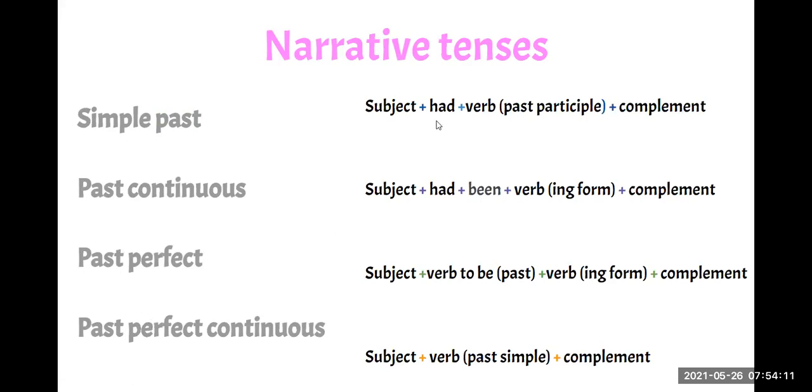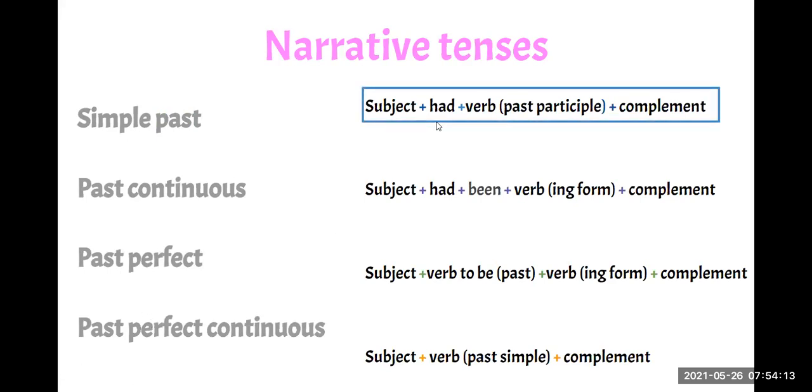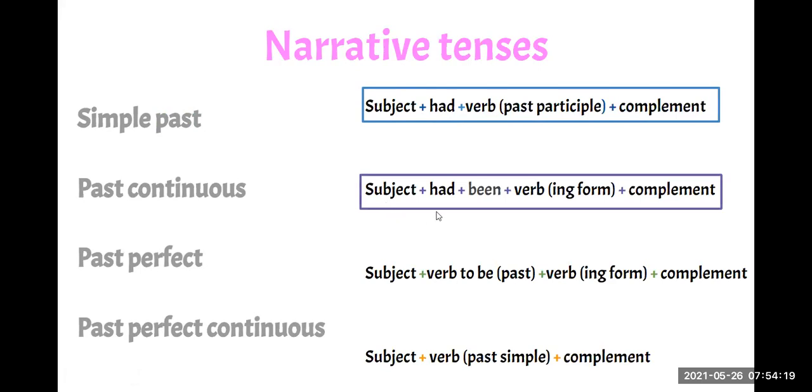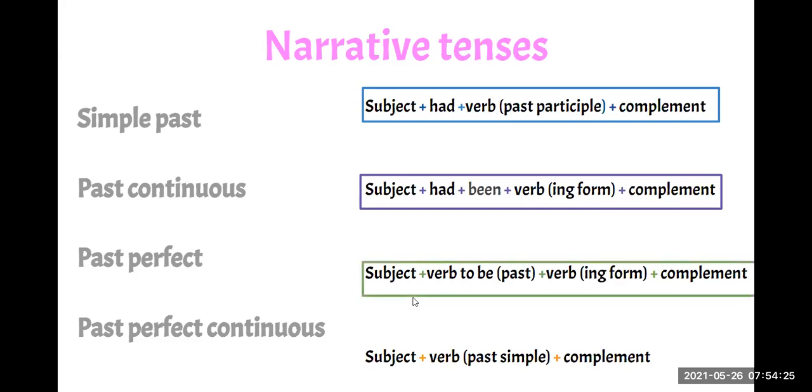First, we are going to read them. Subject, had, the verb in the past participle, and complement. The second one is subject, had, been, the verb with the ing form and the complement. Number three, subject, the verb to be in the past, the verb in the ing form and the complement. And the last one, subject, verb in the past simple and the complement.